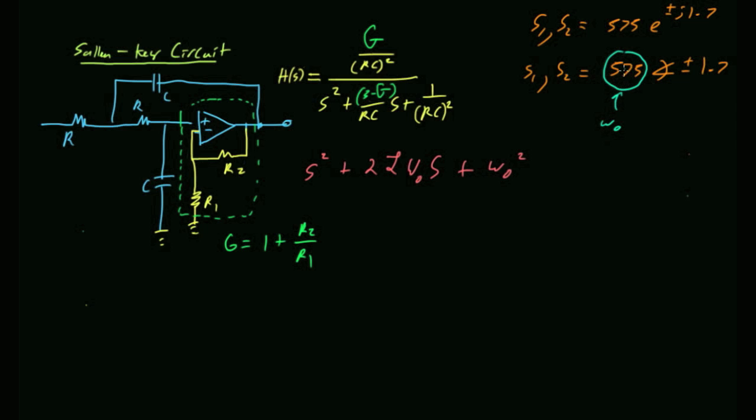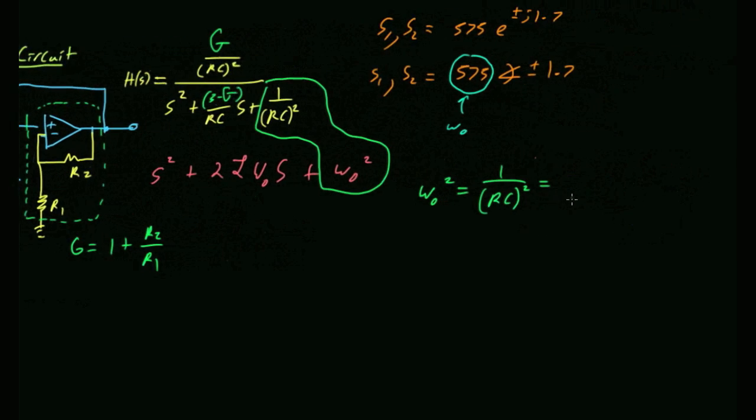In other words, by matching, we know that omega naught squared has to equal 1 over Rc squared, which means that omega naught has to equal 1 over Rc. And I've just told you that omega naught has to be the absolute value of your roots.